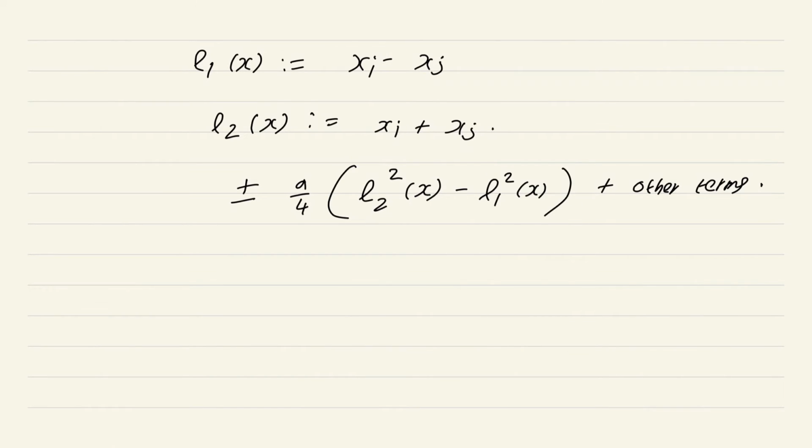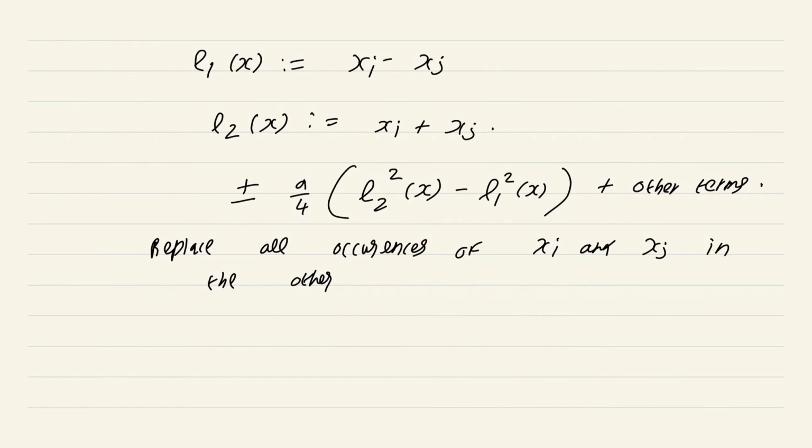Now what you do is replace all occurrences of xi and xj in the other terms by combinations of L1x and L2x.